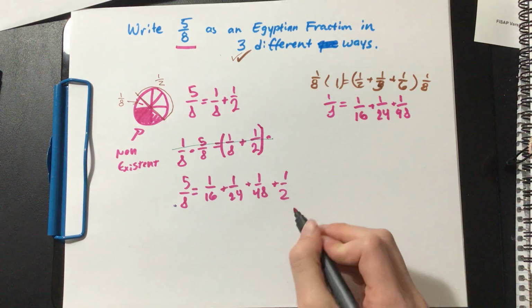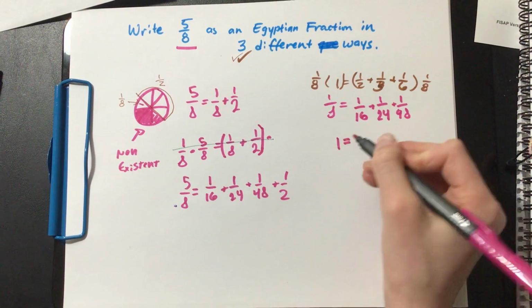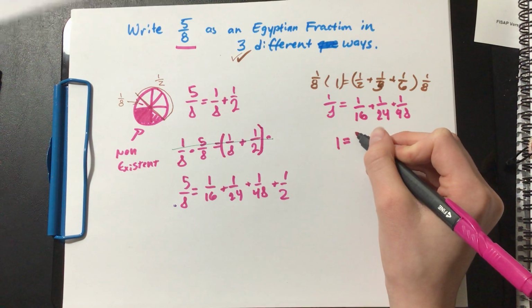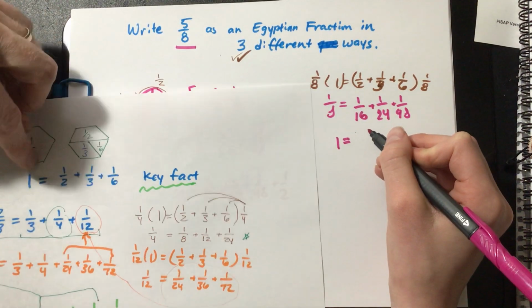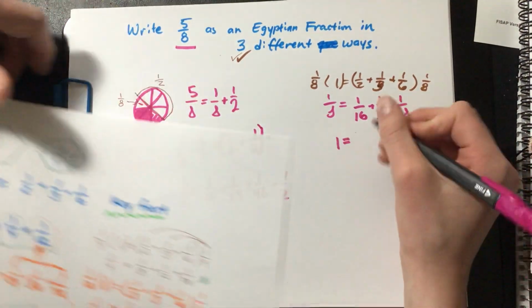This time let's use the key fact for this one. Okay. So the key fact was 1 equals 1/2 plus 1/3 plus 1/6.